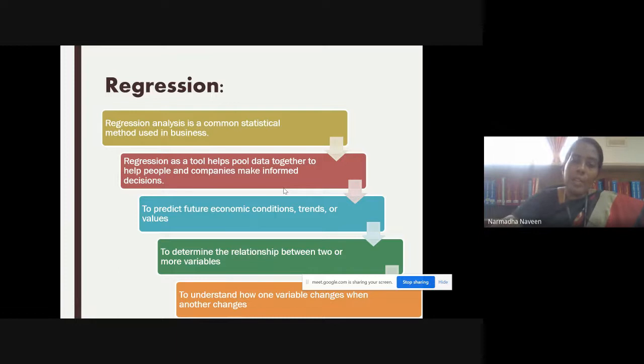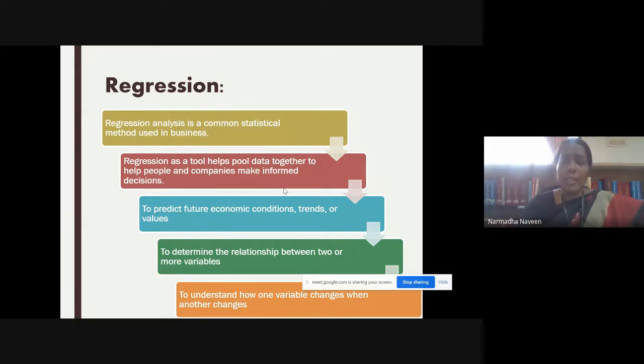So this is a kind of statistical method that is used in business, and this is a tool that also helps to pool the data together, and that helps people and companies to make informed decisions. Say for example, if there is an industry which is going in a loss, they should know what are all the parameters they need to focus on.